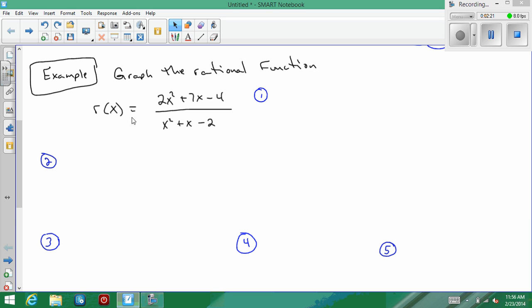We are going to graph the rational function r of x equals 2x squared plus 7x minus 4 over x squared plus x minus 3. So we need to factor that. To factor that, you could use the product sum rule, or quad 3 on your calculator, or the diamond method.